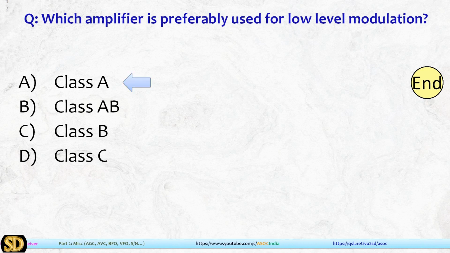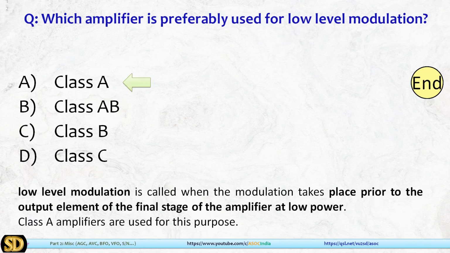Class A. Just remember, in the amplifier session I have already explained that class A amplifier is used everywhere in pre-stages or low level modulation cases, and class AB, B or C is used in later parts for power amplifiers or current amplifiers. So I am going to repeat it.